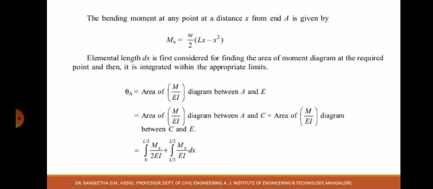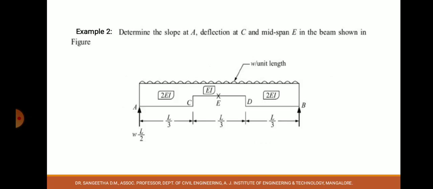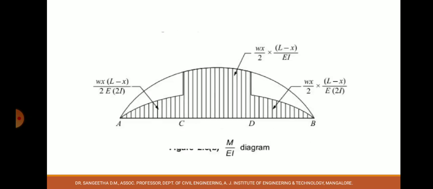The bending moment at any point at a distance x from end A, here this is the support A. So consider any distance x. Don't consider the EI factor as of now.